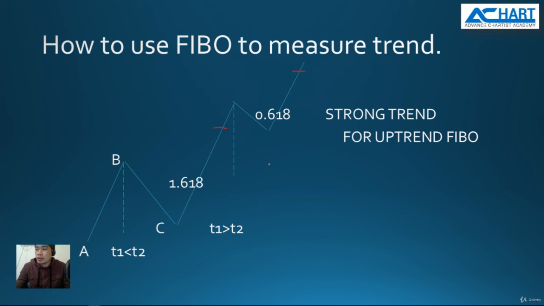But if we measure a weak trend for the downtrend at this particular part, and the Fibonacci target is not hit, and it starts to reverse, then we know the reversal starts to occur, the retracement is done, and it starts to go up and hit its targets up.